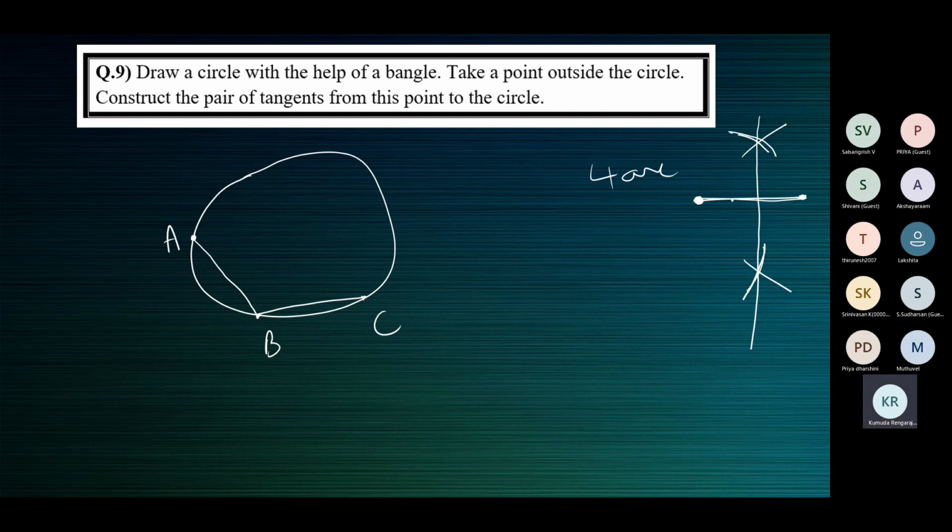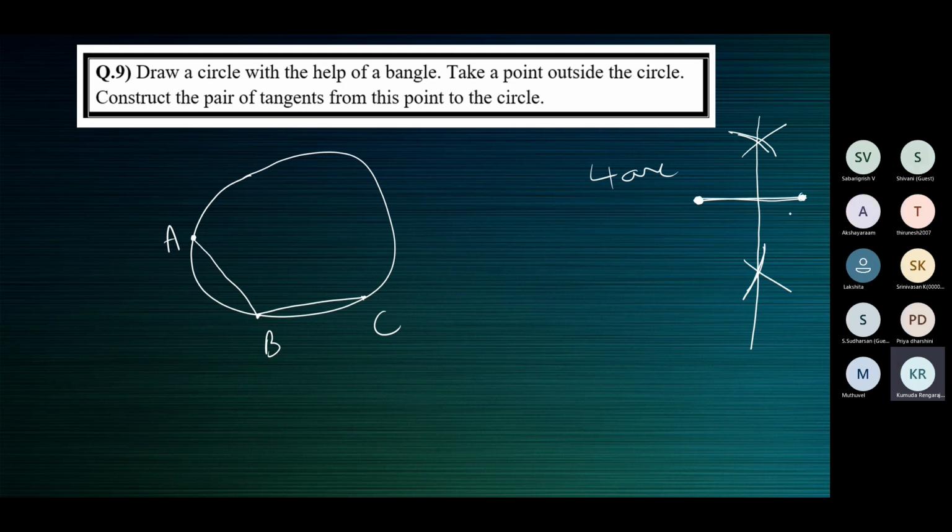Using the 2 endpoints as centers and a convenient radius, we draw arcs and connect the 2 points. So we're going to construct the perpendicular bisector of AB, using A and B as centers to draw 4 arcs. This is the perpendicular bisector.